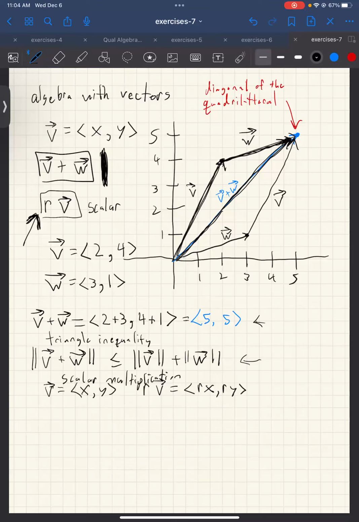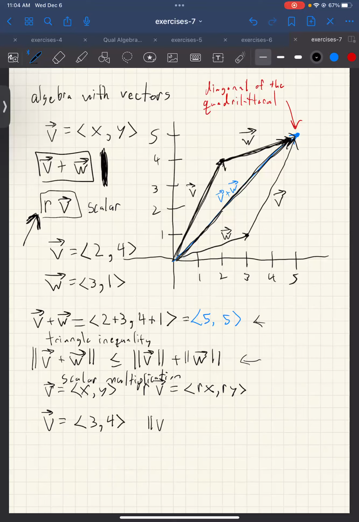Very good. Now, the last thing that we can talk about is how scalar multiplication interacts with the magnitude. So let's say I have my vector v is 3, 4.